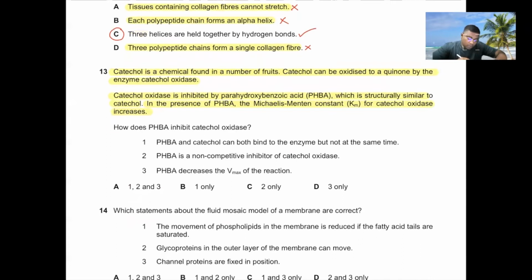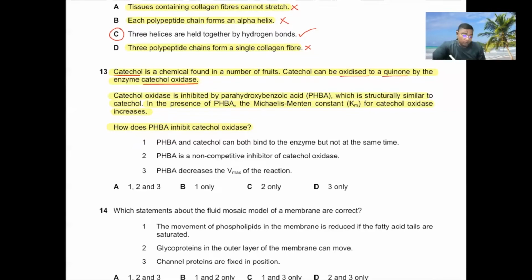All right. How does PHBA inhibit catechol oxidase? So when we go through this information, we find that catechol is a chemical found in a number of fruits. It is oxidized to a quinone, and the oxidizing agent is an enzyme called catechol oxidase.